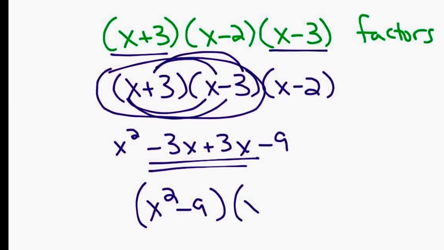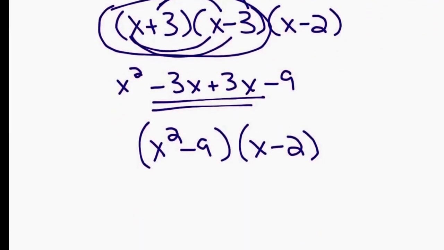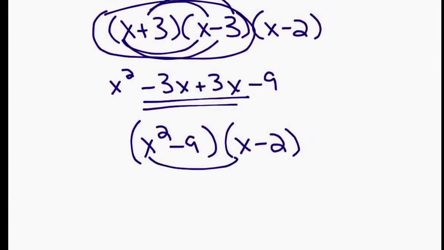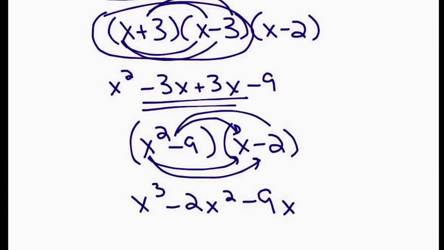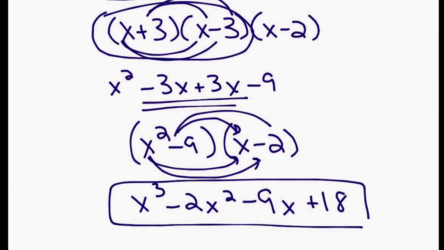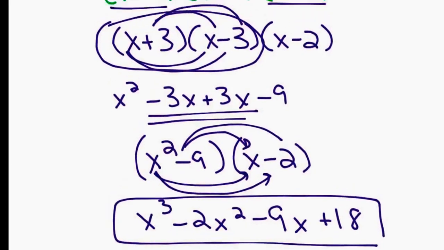Now I only have left to multiply that by x minus 2. So when I go and multiply this, I get x to the third minus 2x squared minus 9x plus 18. And none of them are like terms, so I can't combine any of them. Now that's not the only way of doing it.